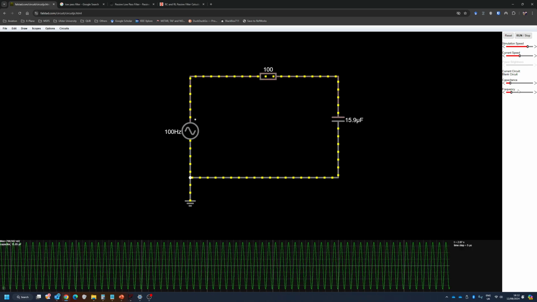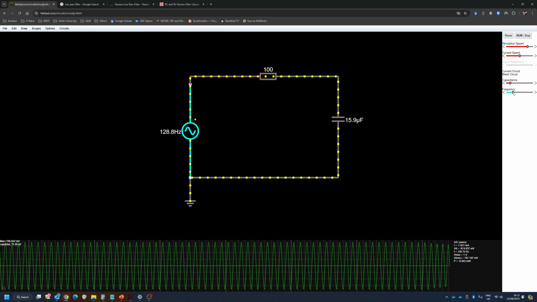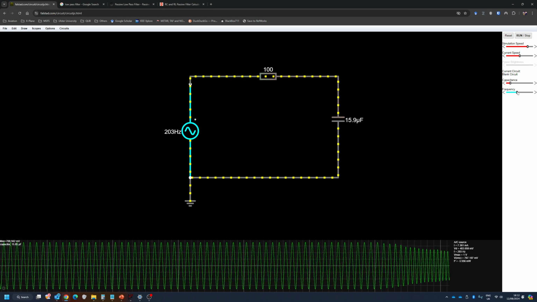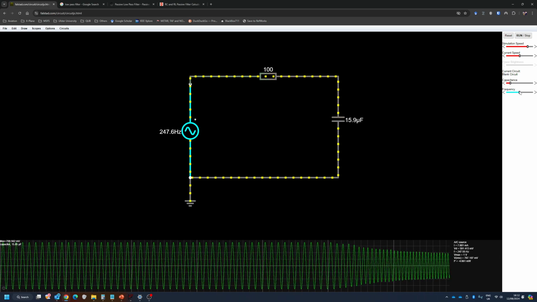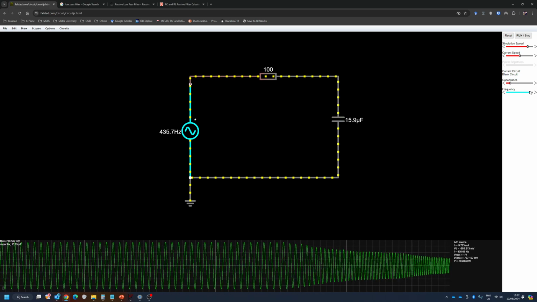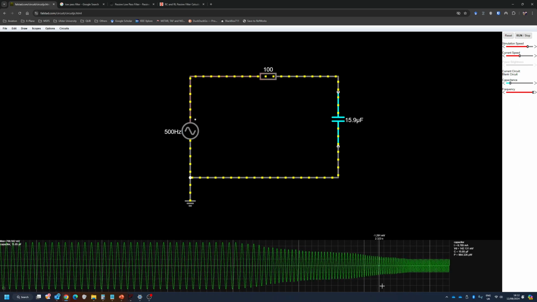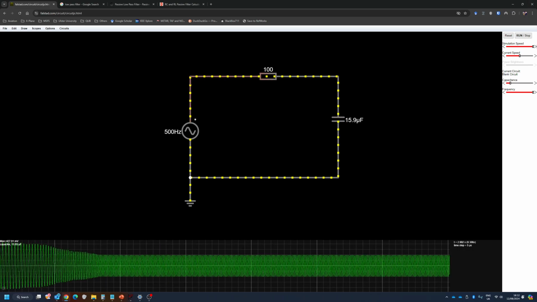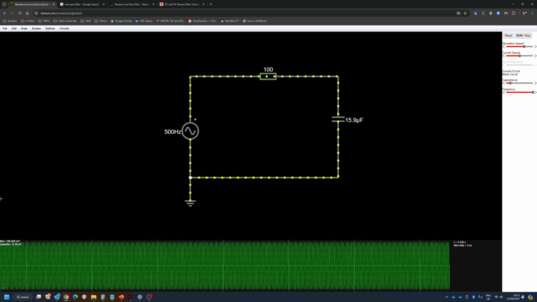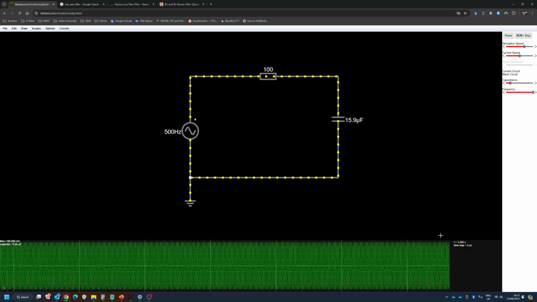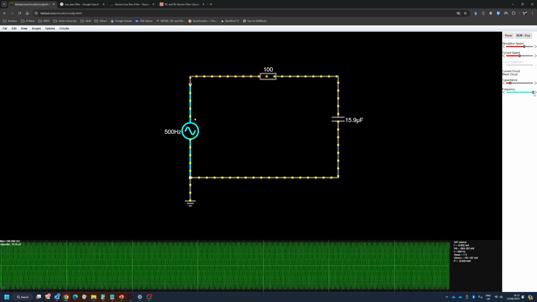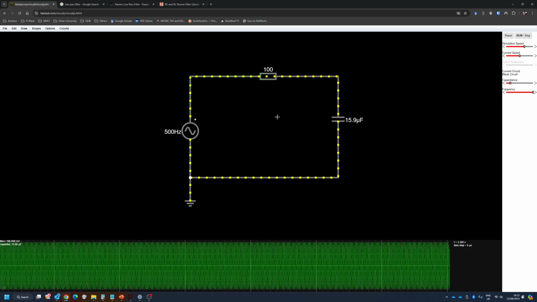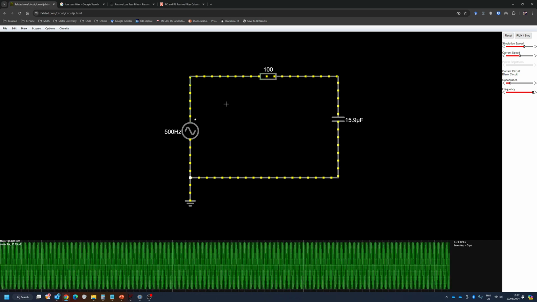If I keep increasing my frequency, you should see this decrease more and more until it gets very, very small. Now the maximum voltage is about 196 millivolts. If I keep increasing my frequency forever, you should see 0 volts.